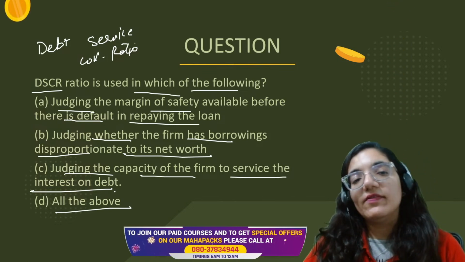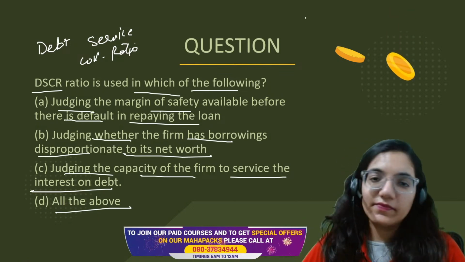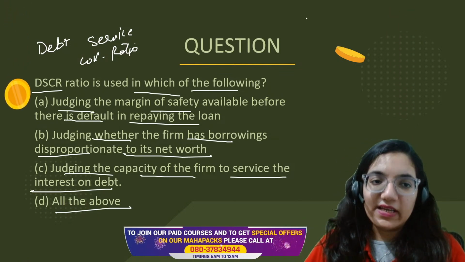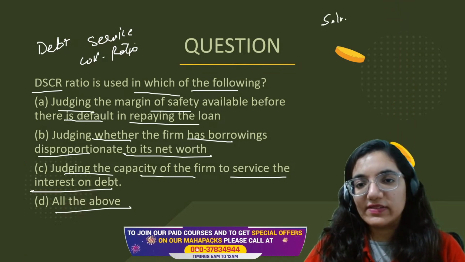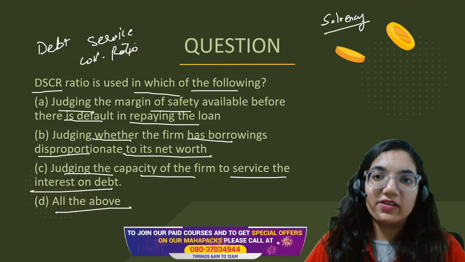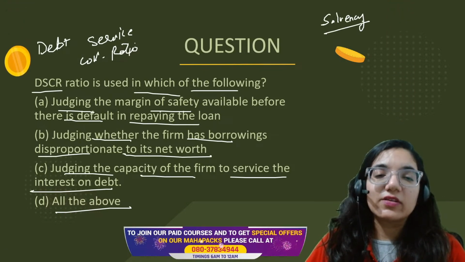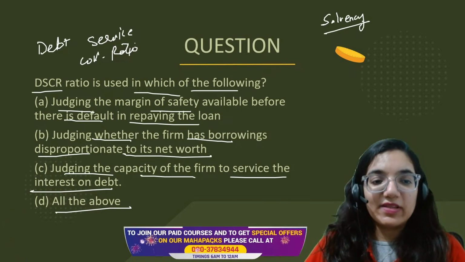These are basically interest coverage ratio and debt service coverage ratio. These are covered under solvency only. But see, these ratios are so judgmental, whether you can pay back or not, is it worth it to give you money or not, they talk about this. So in this case, what's going to be the correct answer?